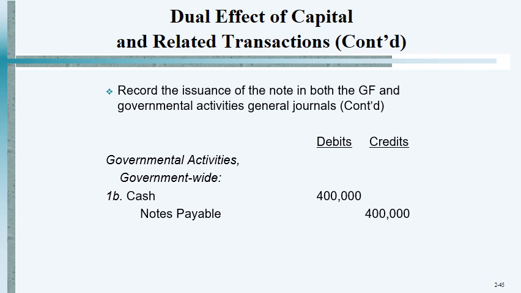And again, if we're trying to convert the individual fund statements to the government-wide statements, we would do what here? To turn the individual fund statements into government-wide statements, we would debit other financing sources and credit the note payable to convert the individual fund statements under modified accrual into full accrual accounting.